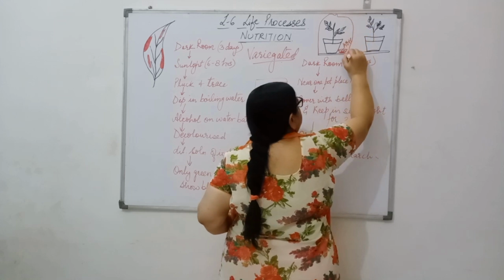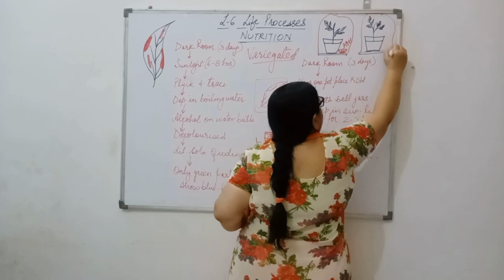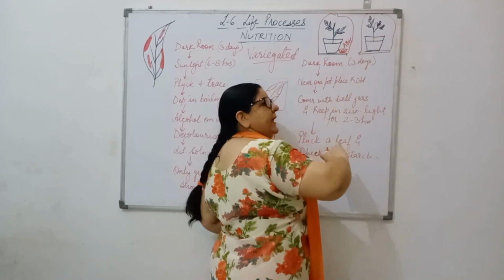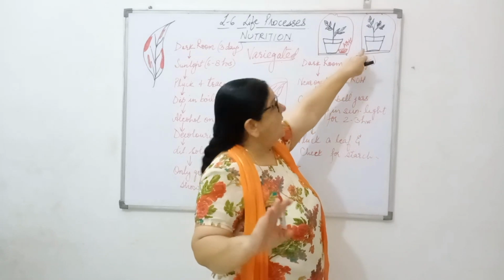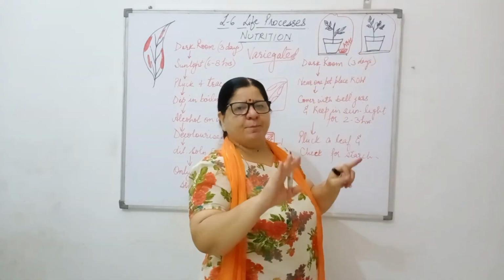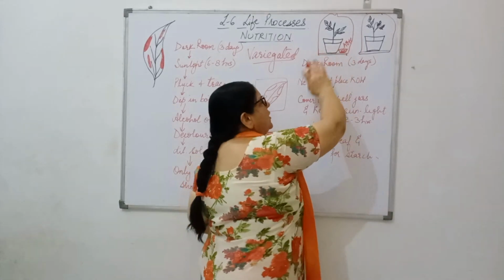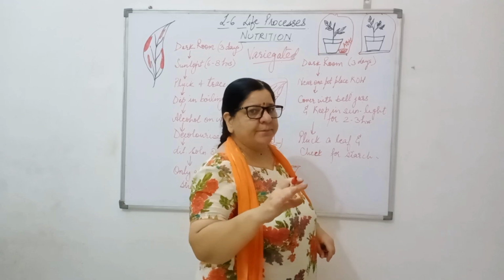We cover it with a bell jar. Both. Now in one we have put the plate having KOH and in the other we have not put anything. Now we seal it, right? We make it airtight, we apply some Vaseline so that the bell jar is fixed on the glass plate.